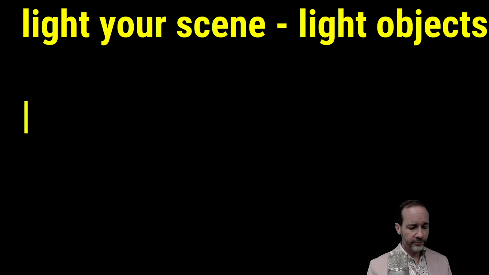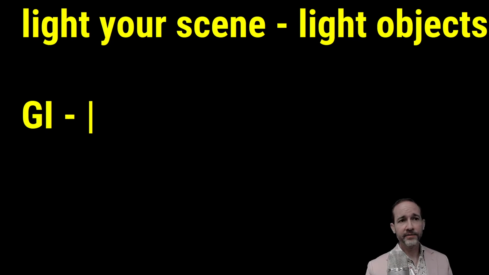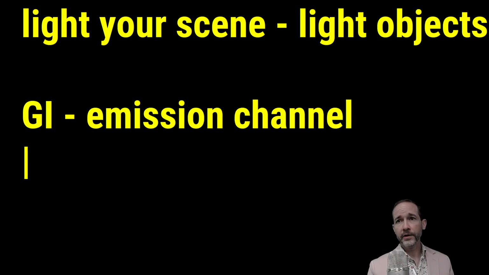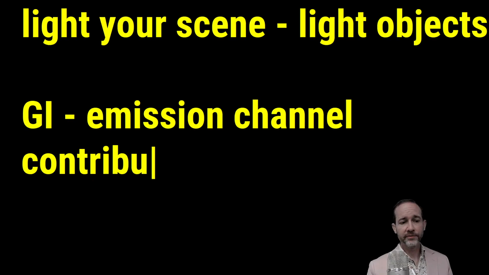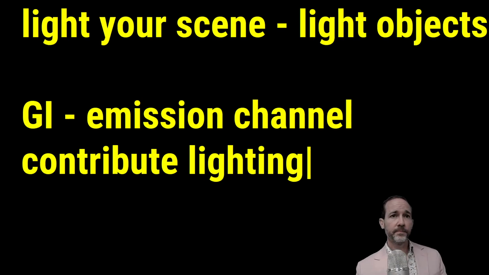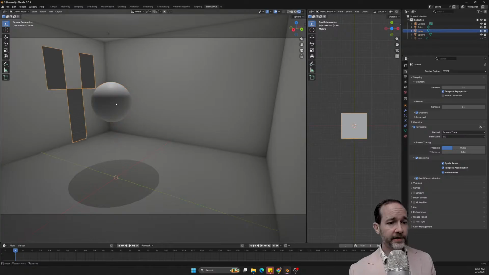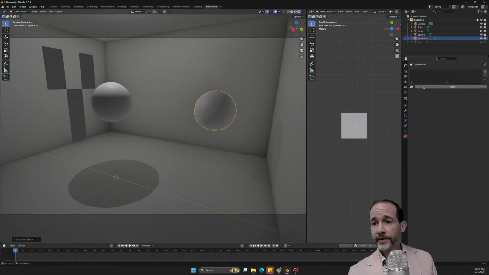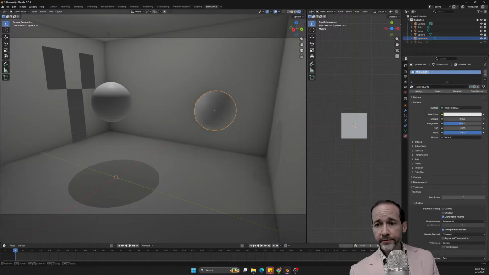However, once you start using GI, then the emission channel on a material will contribute, okay? Not totally take over, but contribute to the lighting. So for instance, if I duplicate the sphere, there we go, and then I put a material on this one, there we go, and I call this glow.